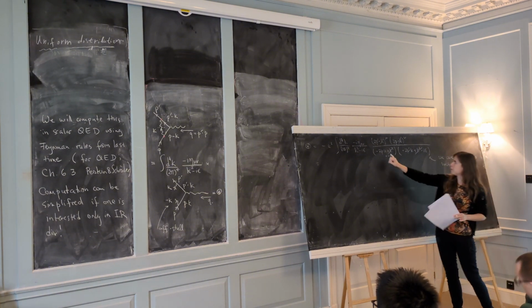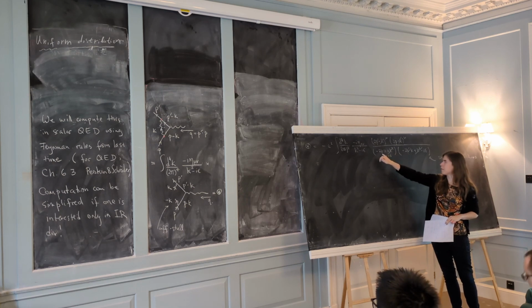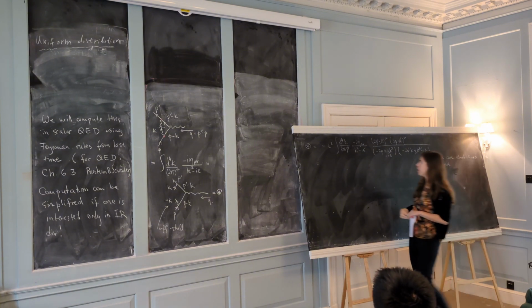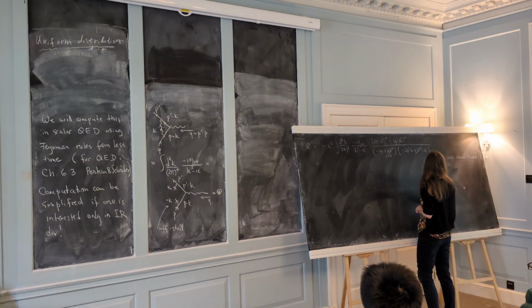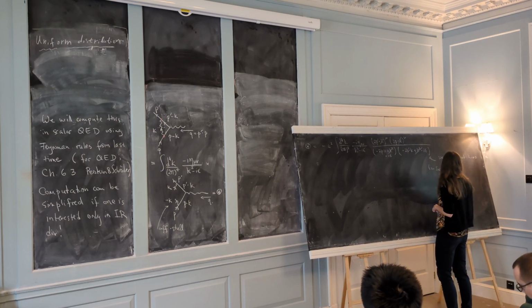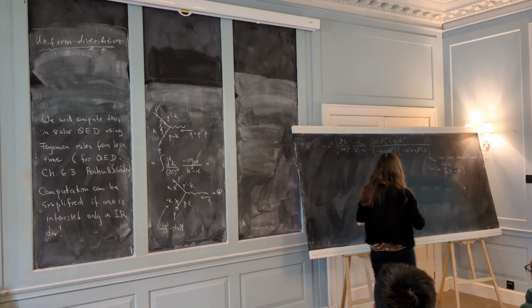I should also say that I've been working in a convention where I'm absorbing the sign, so in and out momenta differ by a sign. I'm working in a convention so far where momentum conservation looks like this for all incoming and outgoing particles.